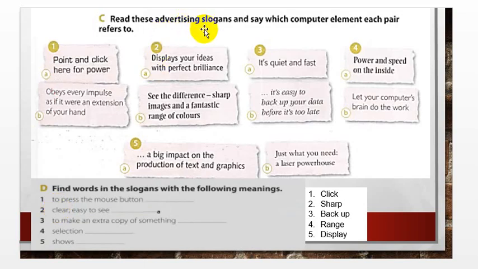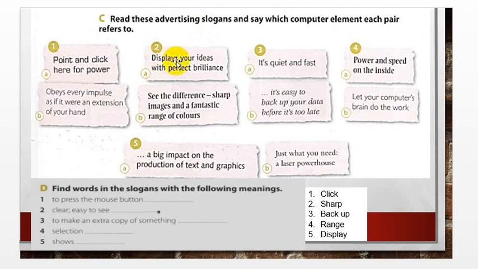And here we have these words. Read these advertising slogans and say which computer element each one is about. For example: See, point and click here for power.